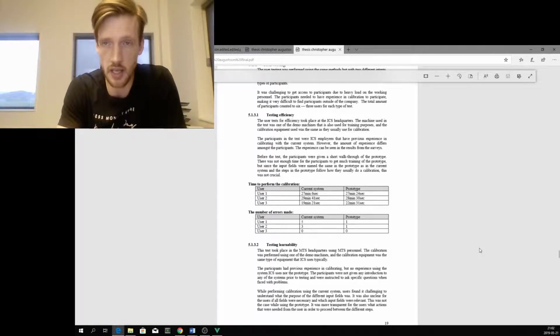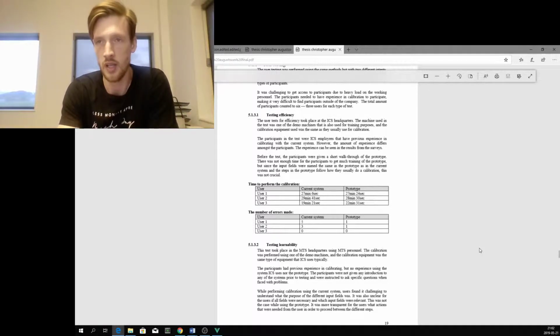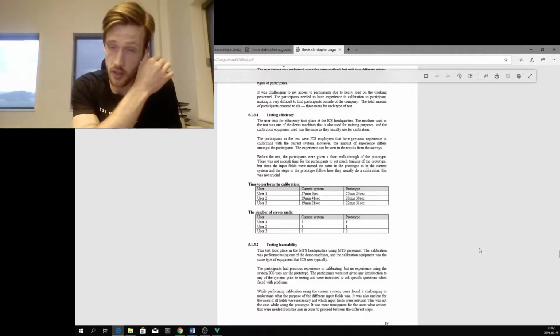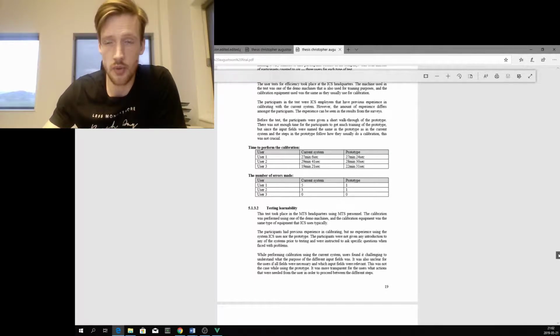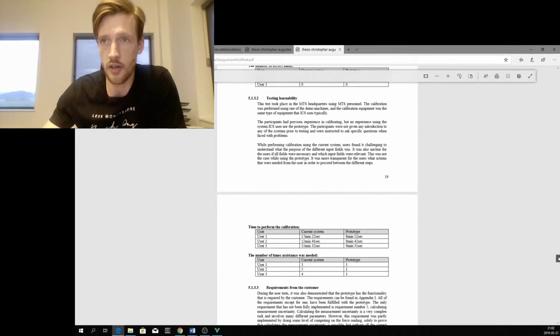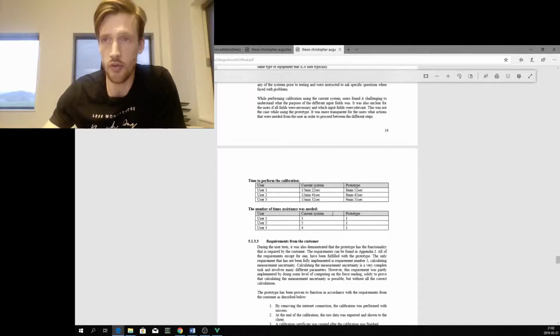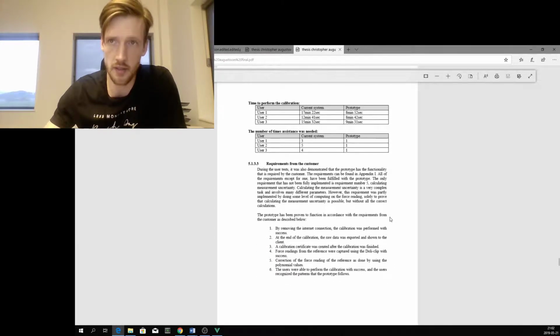But they were more prone to make errors with the current system. If we look at the learnability, we can see that the users were way faster using the prototype and needed assistance many times less.